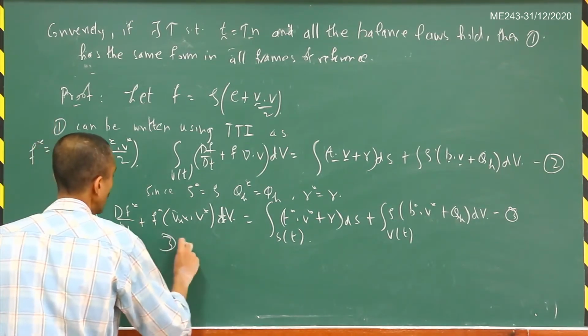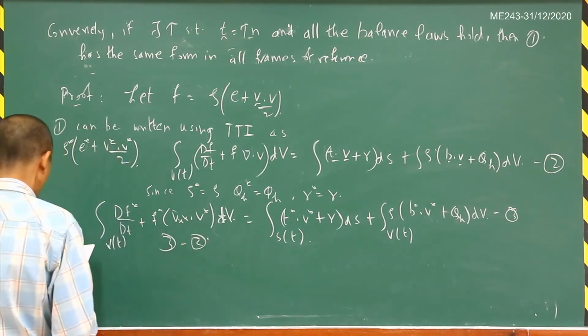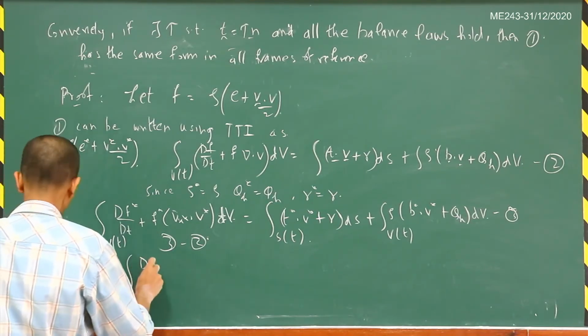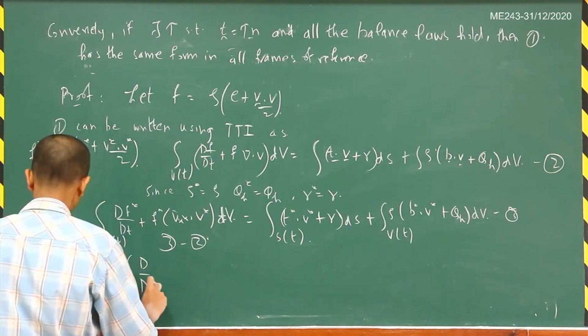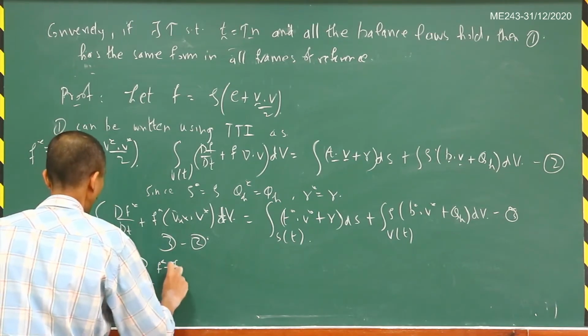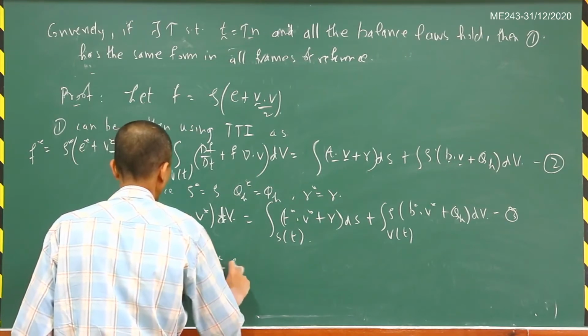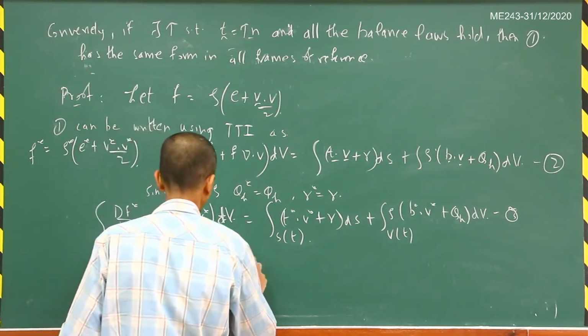So 3 minus 2 will give us integral of d of f star minus f plus f star minus f times del dot v.